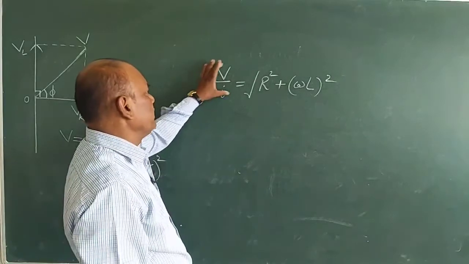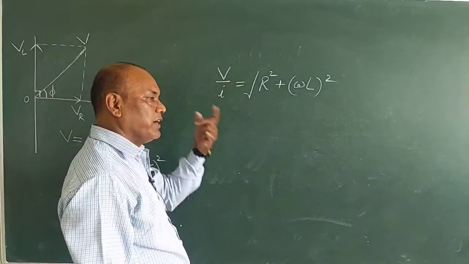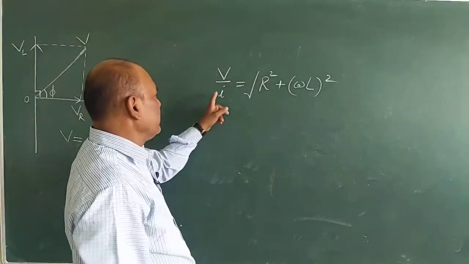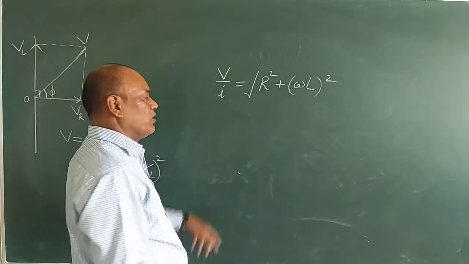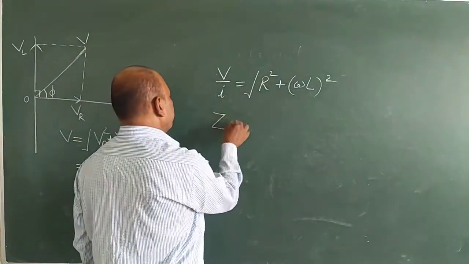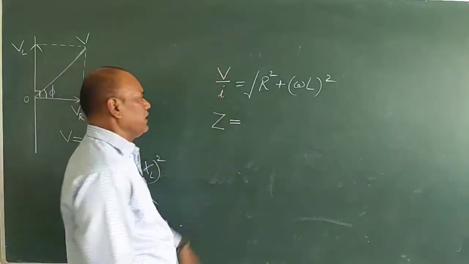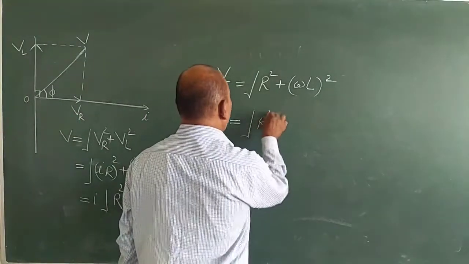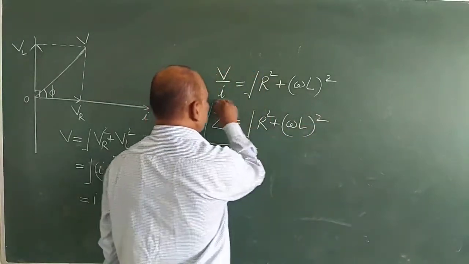So this ratio is equivalent to a resistance, but it is not directly called resistance. In the case of a circuit, it is known as impedance, and that is denoted by Z. Z is equal to V upon I. So this is under root R square plus omega L whole square.